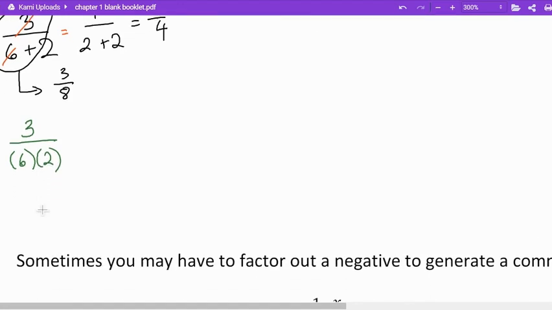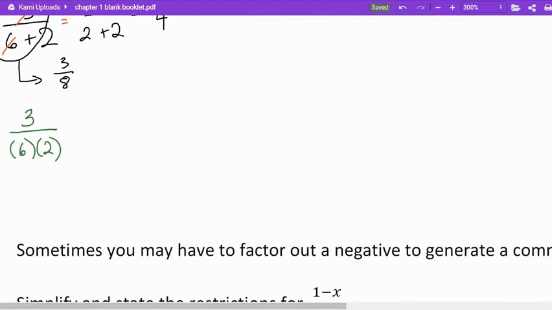In this case, everything is factored. Everything is in the form of multiples. Look at the denominator, 6 times 2. If everything is being multiplied or divided, because this fraction tells me it's divided, then I can cancel things.